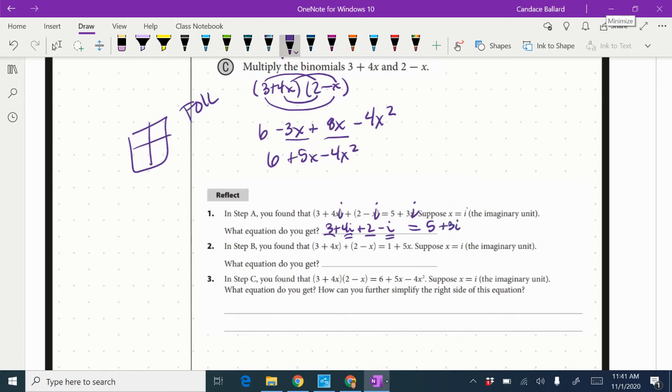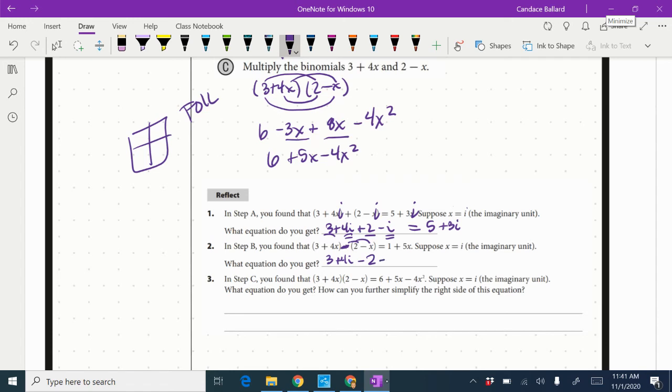In step B, we were supposed to subtract the two things. There's an obvious typo right here. It was supposed to be a subtract sign. So we're going to go ahead and replace those with i. So 3 plus 4i. I'm going to distribute that negative in while we're doing it.